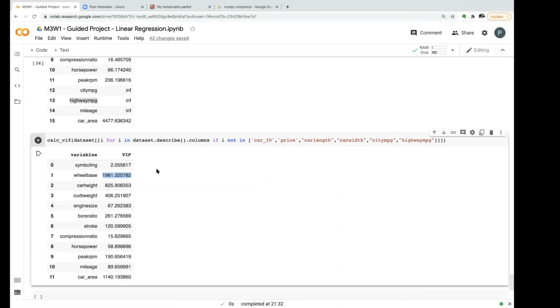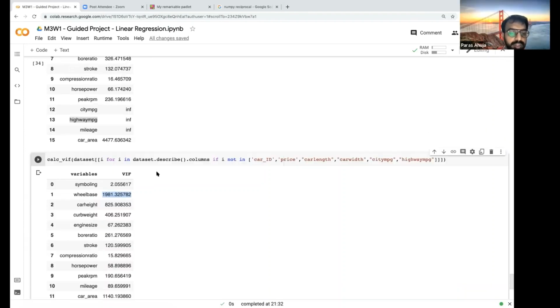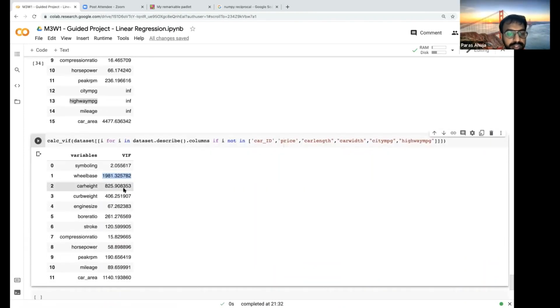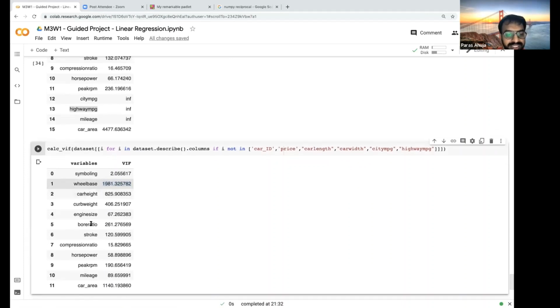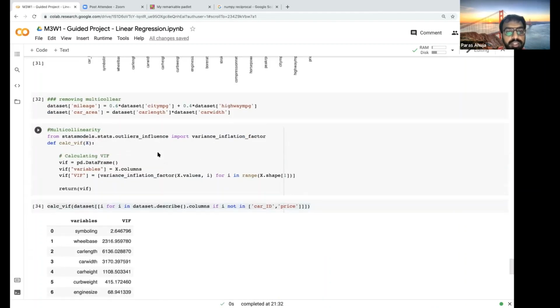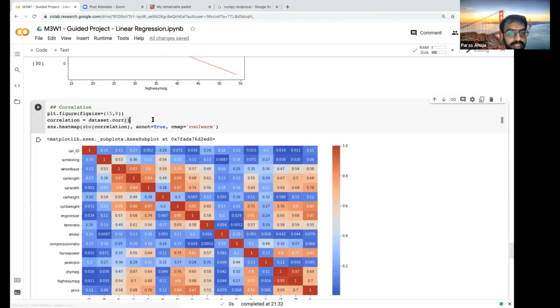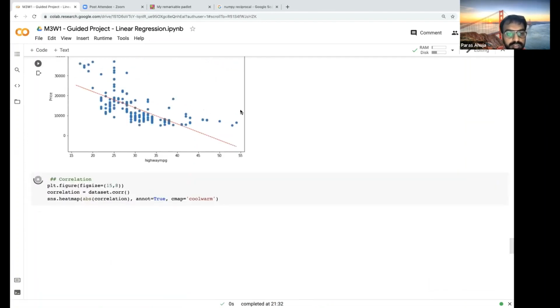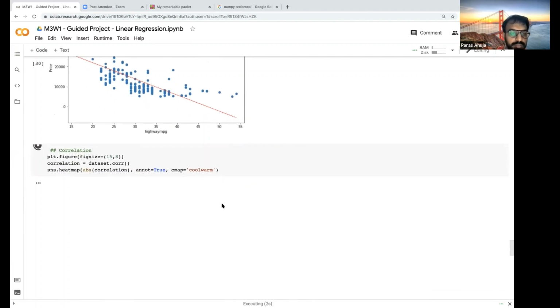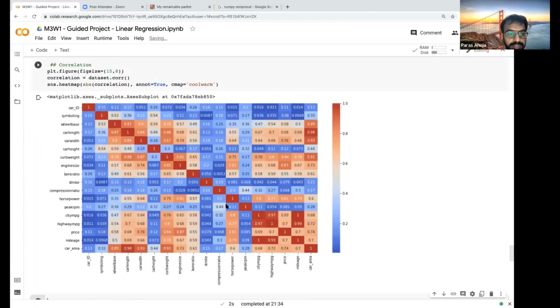Yes. So wheelbase and car area, they have a correlation, right? So what I'll do there is I'll get this data set correlation graph again. Now see what happens.